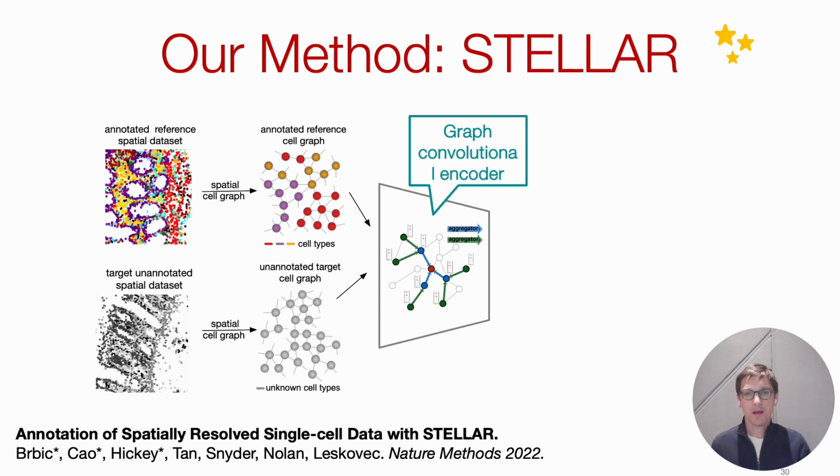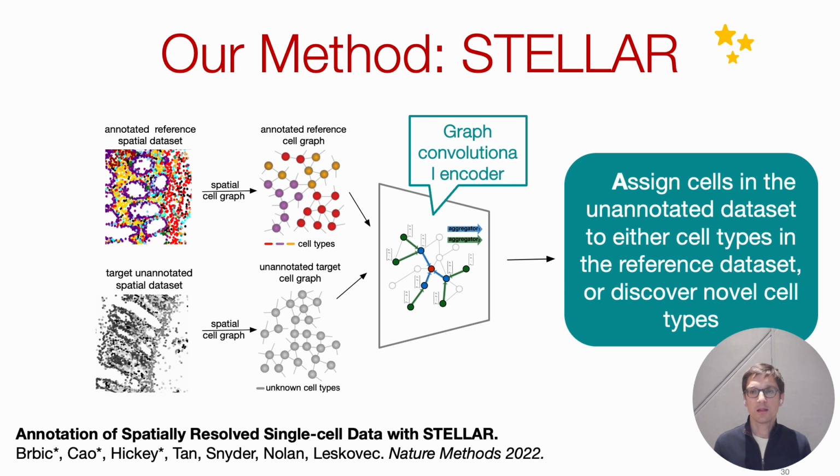Then the method takes that annotated reference cell graph and the unannotated target cell graph, and through the use of a graph neural network, it assigns cells in the unannotated data set to cell types in the reference data set, or tells us that there are novel cell types that don't appear in the annotated reference data set.